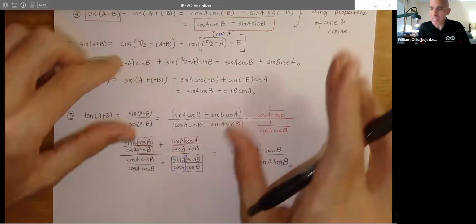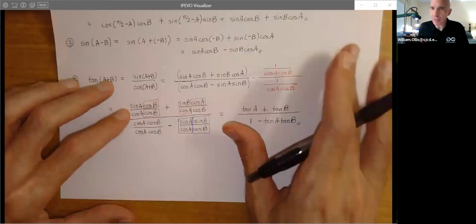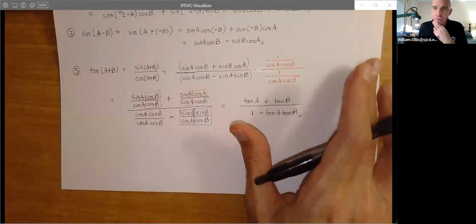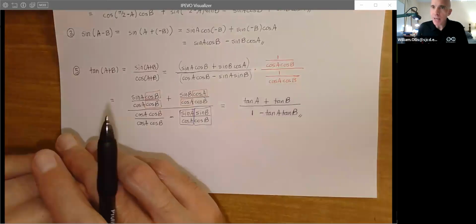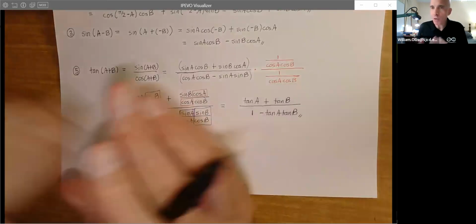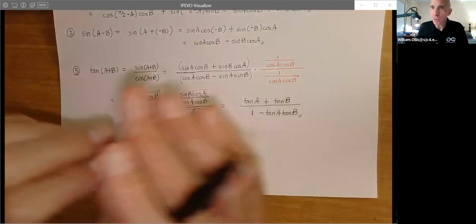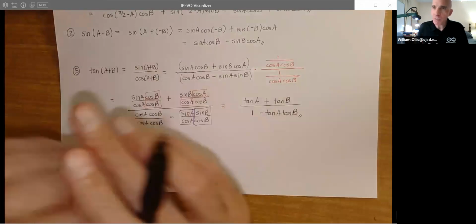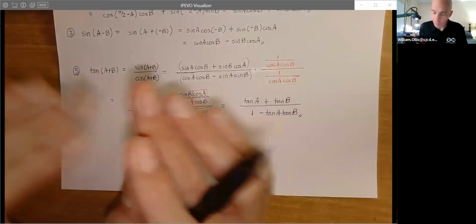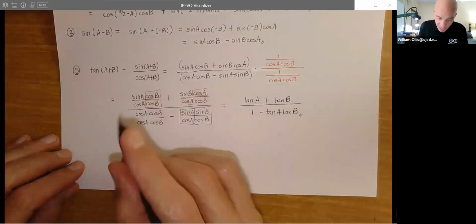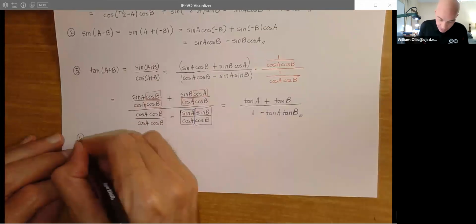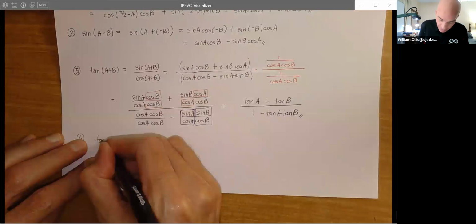So that's basically how math runs. You prove a difficult result like the fundamental theorem of calculus, and then you have all kinds of things that flow from that. So we pay our dues to be able to have better problem solving skills. Now, for the last part, what about tangent of A minus B?